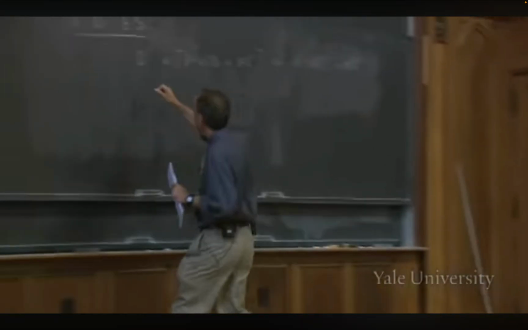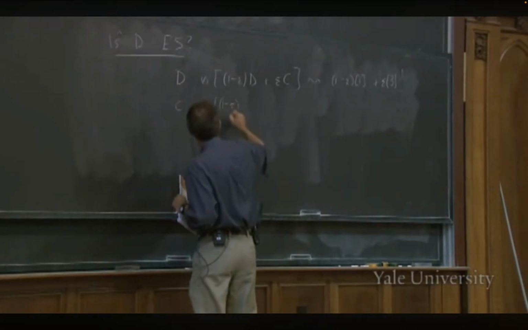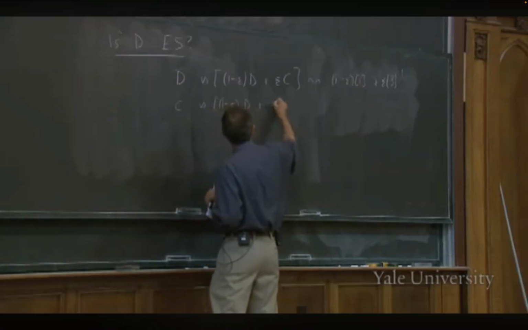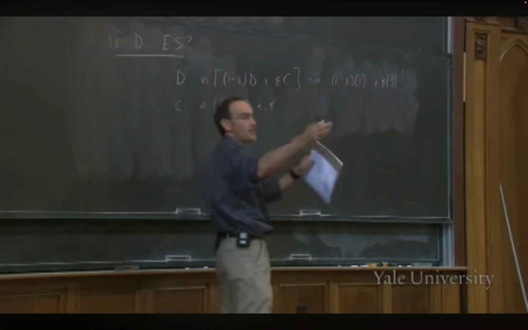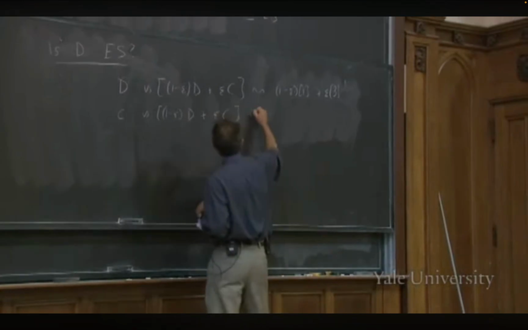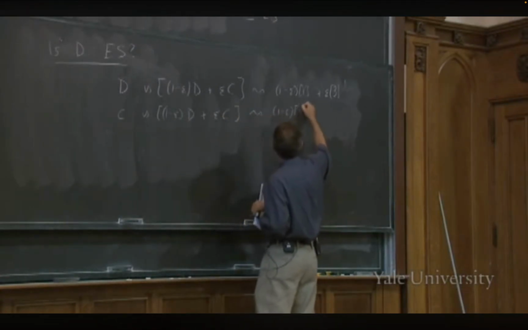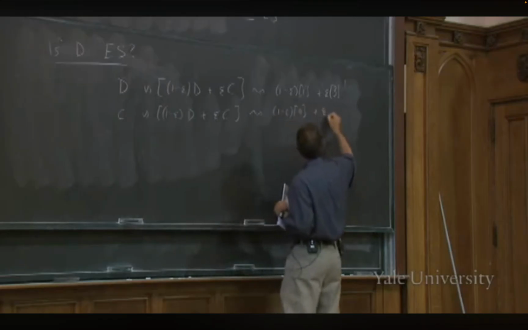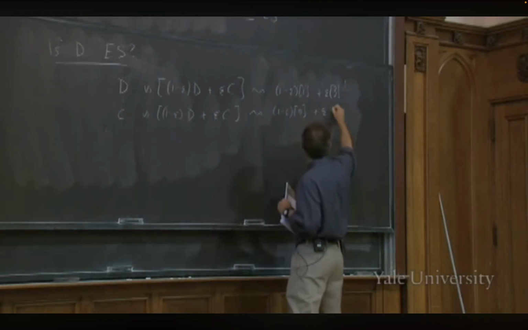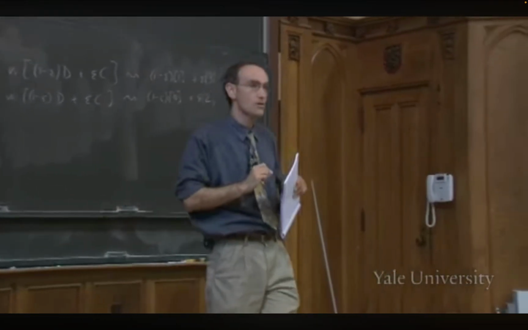Well, she's a cooperator, and 1 minus epsilon of the time, she's meeting you guys, and epsilon of the time, she meets another nice cooperative ant like Jake. All right? So her payoff is 1 minus epsilon of the time, she gets nothing, and epsilon of the time, she does pretty well and gets 2. But it's only epsilon of the time. Is that right? So far, so good.